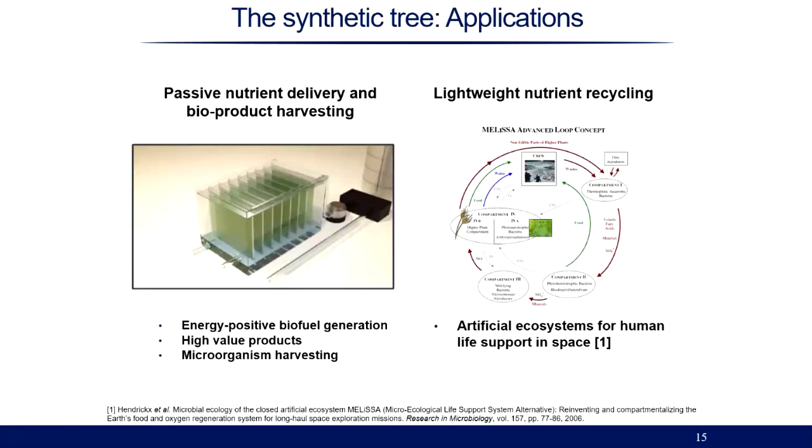Great. A couple of applications for the synthetic tree. So on the left, we have a schematic of a scaled up system, or a drawing of a scaled up system. One application is bioproduct harvesting. So bioproducts are multiple. You can have energy positive biofuel generation.